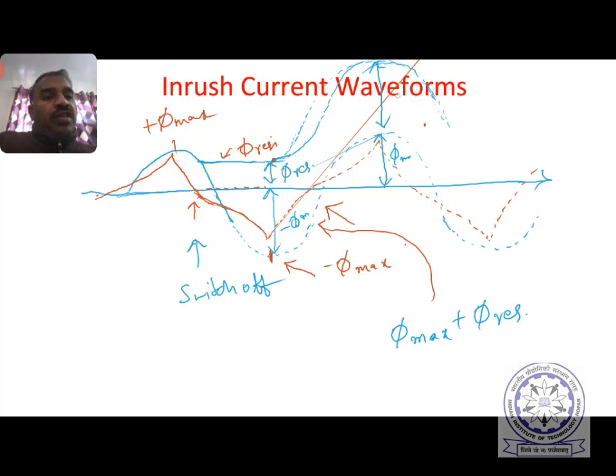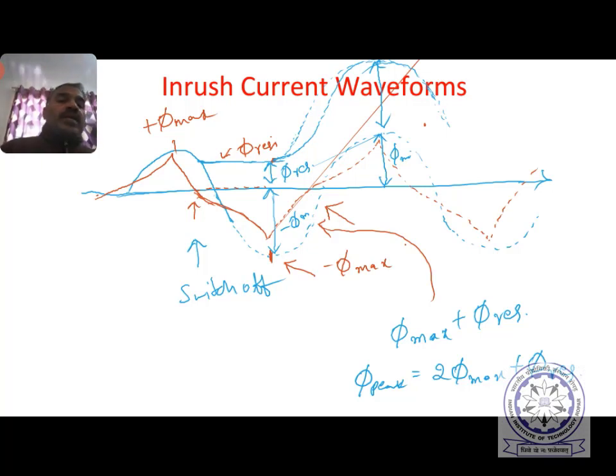If this difference continues, then the peak value of the flux is 2 phi max plus phi residual.